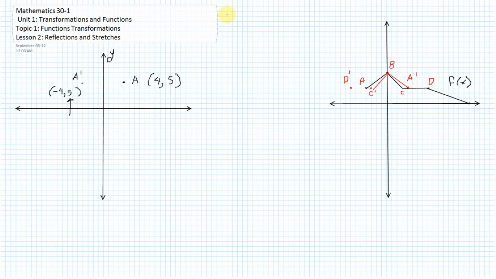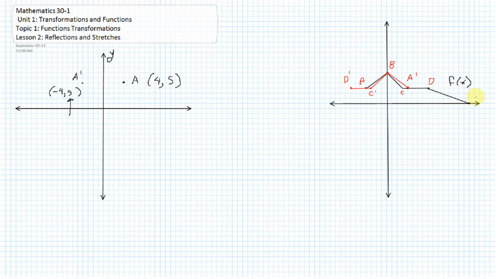I'm just going to redraw this line here, so just let me take that out, and we're going to try that again. So we go from B to C prime, and then from C prime to D.